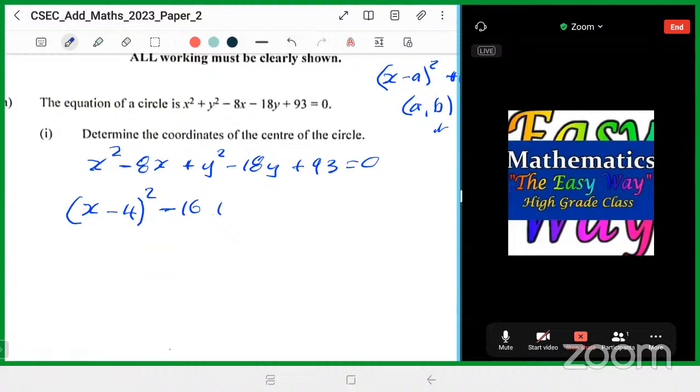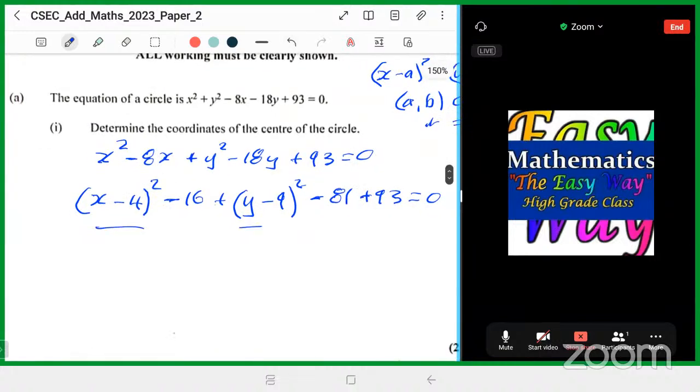So I'm going to go y, then half of this 18, and it's a minus, comes a 9. Don't forget the square. Then I subtract the square of this 9, which is 81. And then I'm putting back this plus 93 equals 0. That's what we have so far.